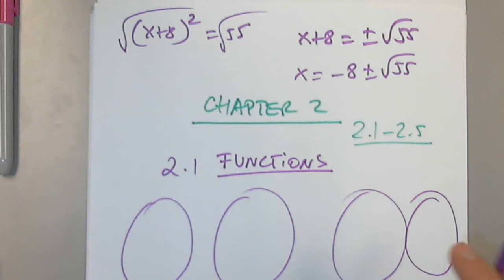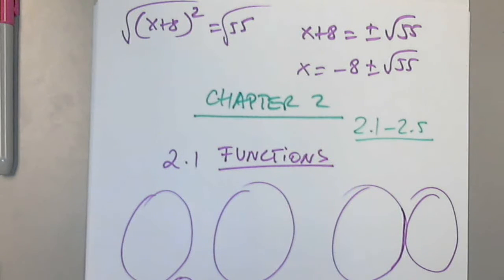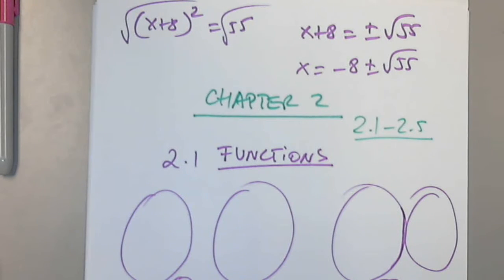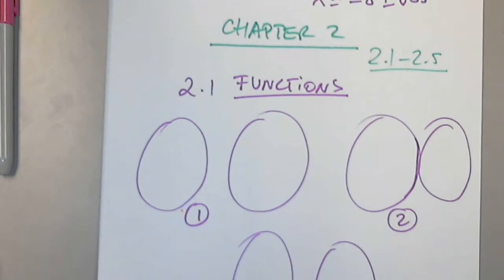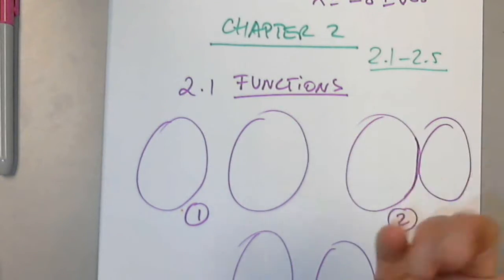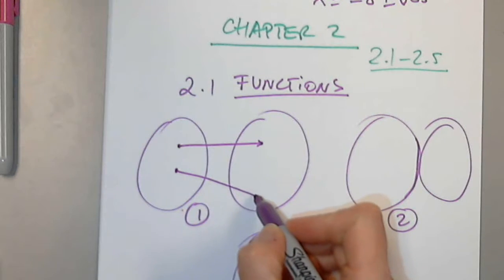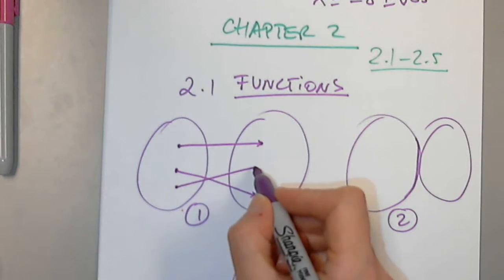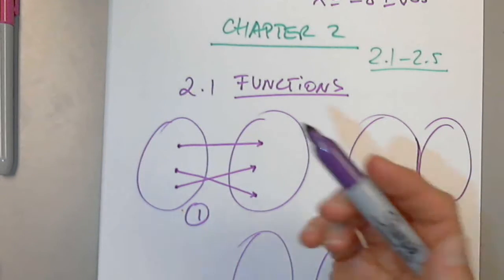My paper's shifted. So this is a scenario, this is a second scenario, and this is a third scenario. So let's analyze this. In this first scenario, I'm just making up stuff. So I'm creating a correspondence.